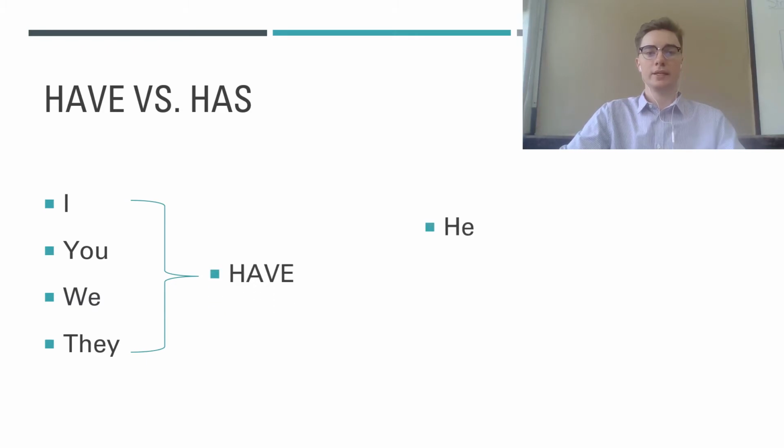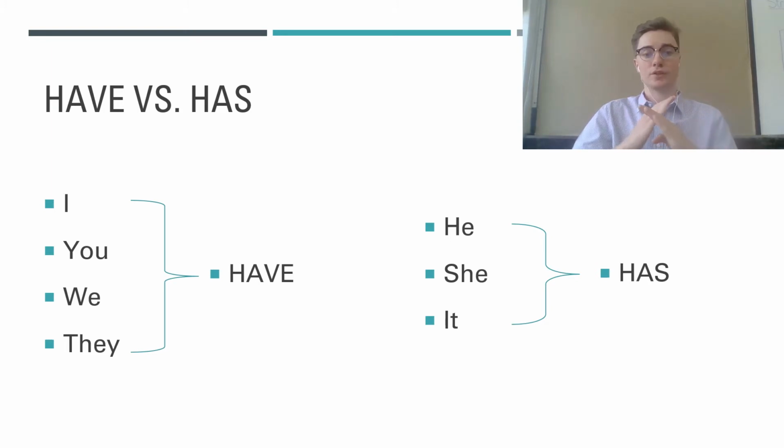And he, she, and it all need has. So, for example, you cannot say you has. It must be you have. And you cannot say he have. It must be he has.